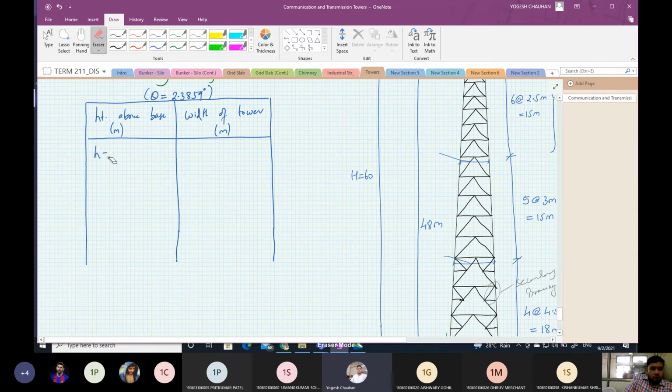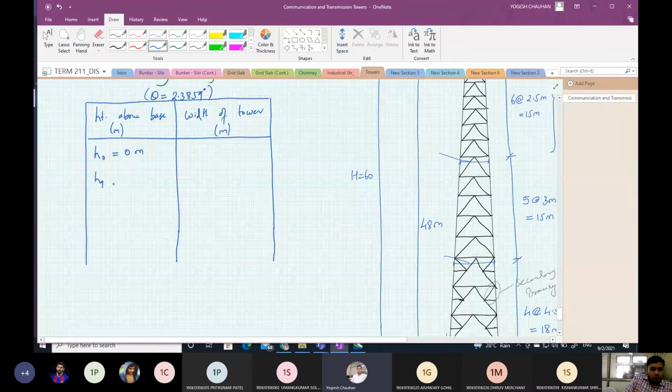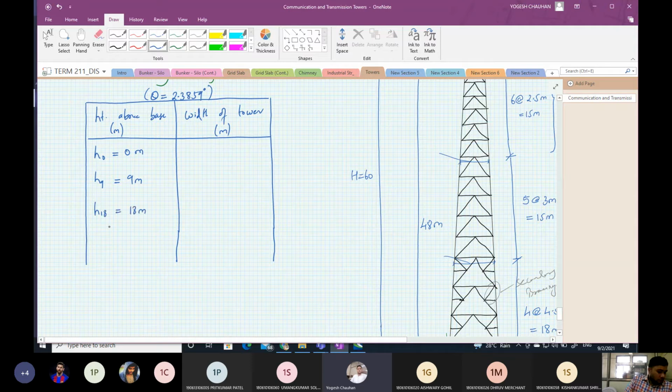H0 is equal to 0 meter, H9 is at 9 meter above the base, H18 is 18 meter, H25.5 is 25.5 meter.